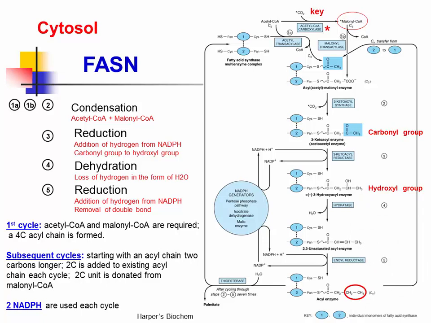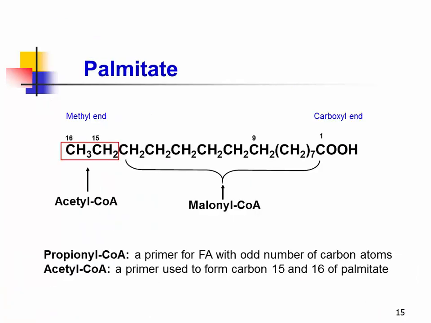So all these steps, the cycles, take place in the cytosol, right? Just wanted to remind you again that in the molecule of palmitate, as you can see, only the first two carbons, which are the methyl end, come from acetyl-CoA, right?